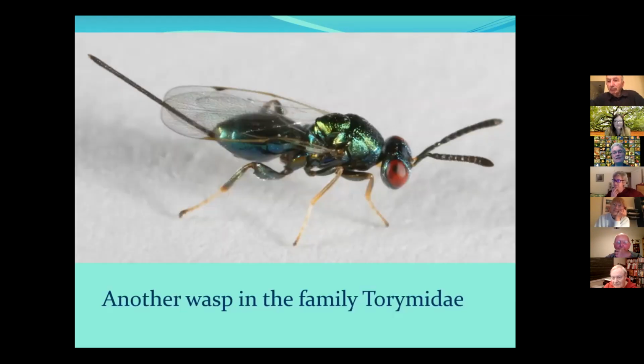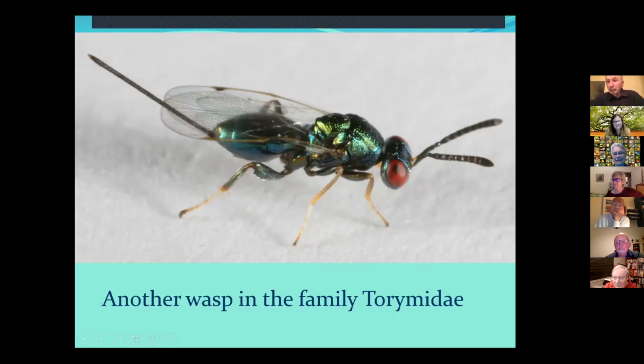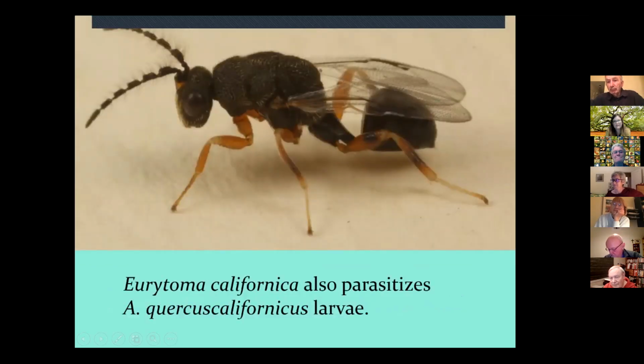Okay, here's another wasp, also in the family Pterimidae, but she happens to be a metallic green. And again, you can tell this is female because of her ovipositor. Here's a male in the family Eurytoma californica.